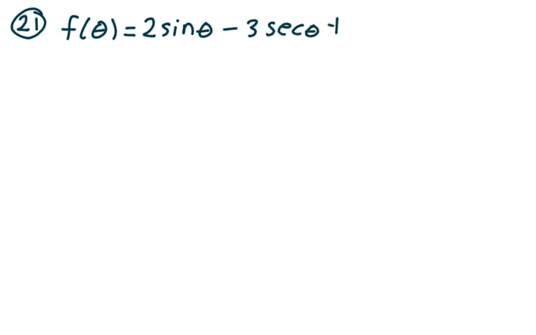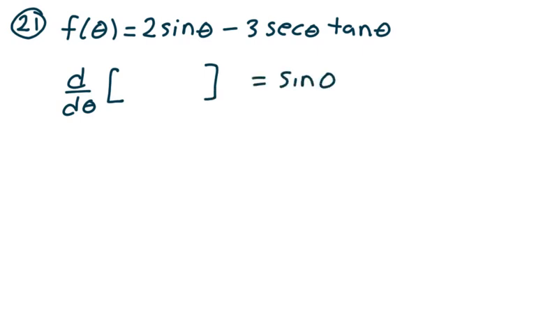Here's another good one. Suppose f of theta is equal to 2 sine theta minus 3 secant theta tangent theta. Now, the derivative of what produces sine of theta?